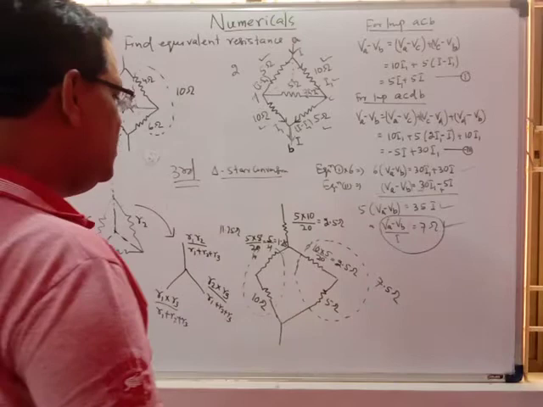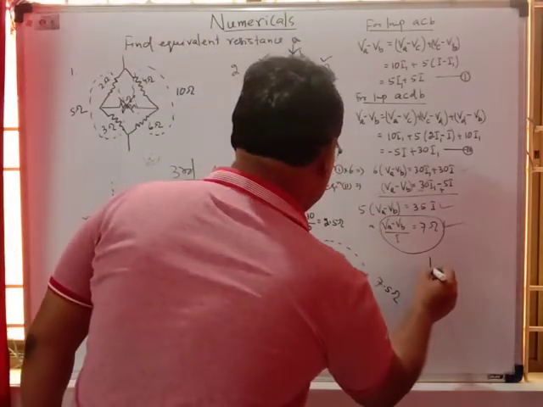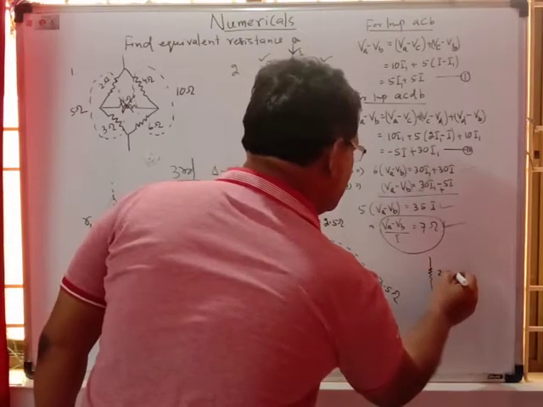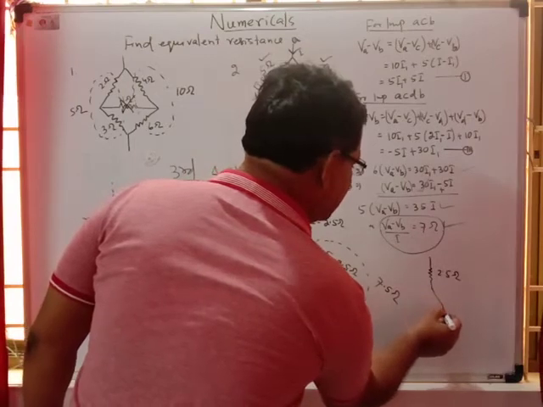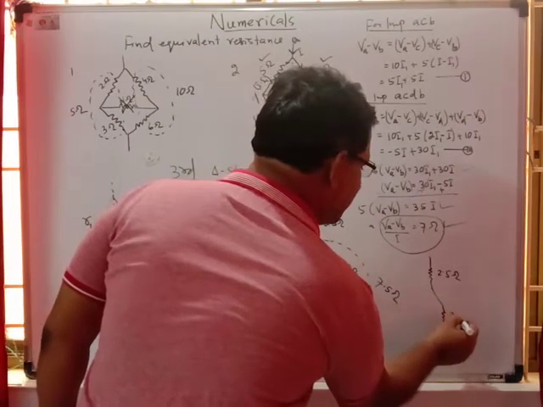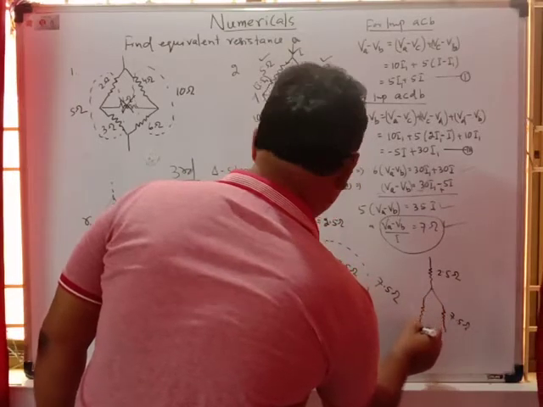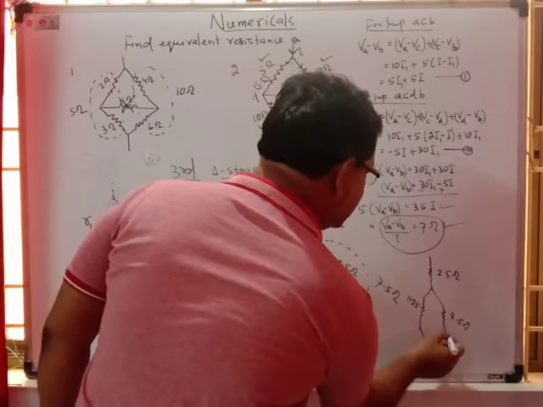Clear? So the first one is 2.5 ohm, here another is 7.5 ohm, and here 11.25, and they are connected like that.